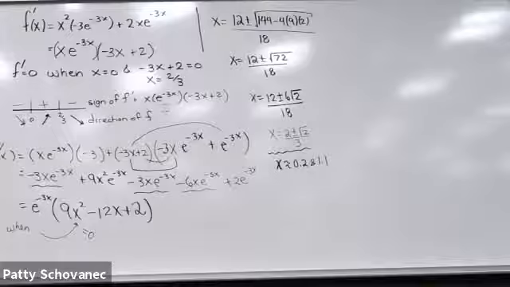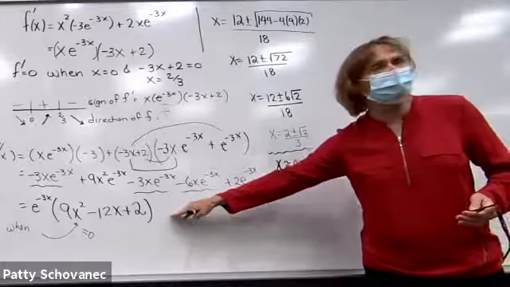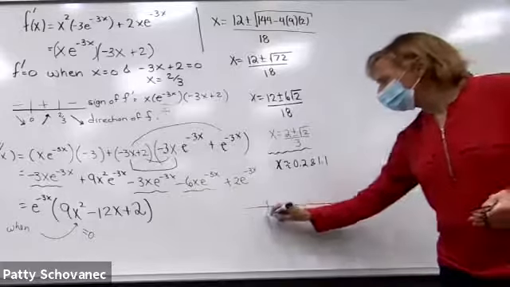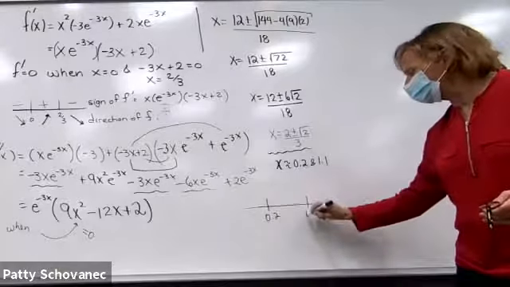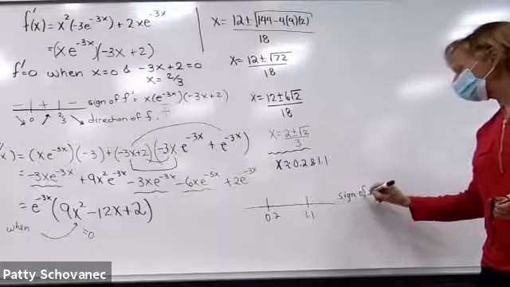Kind of need to know that because I've got to plug some numbers into this thing here, see where this is positive or negative. Let's put 0.2, 1.1, and we're looking at the sign of f double prime.